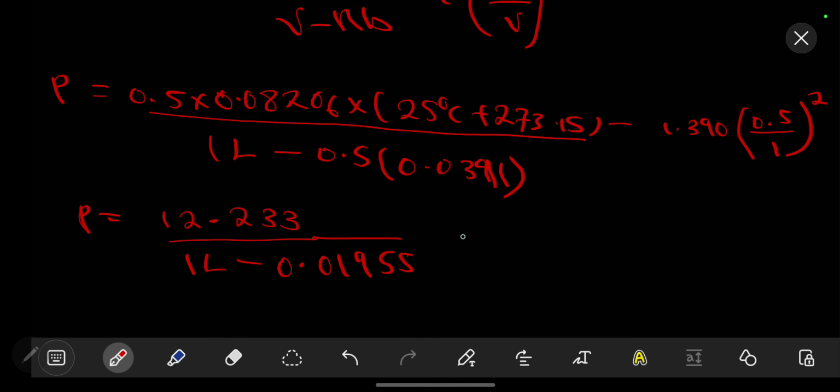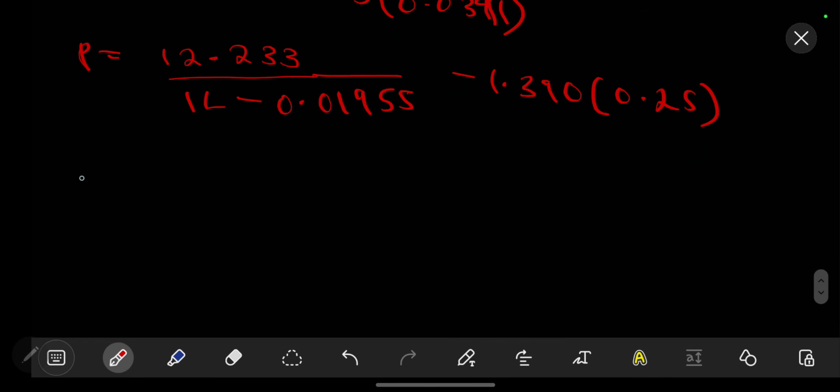Then we have minus, when we divide 0.5 squared, we have 1.390 times 0.25.